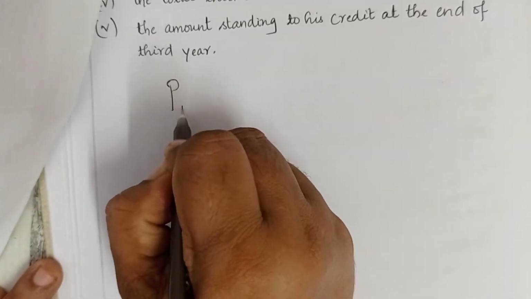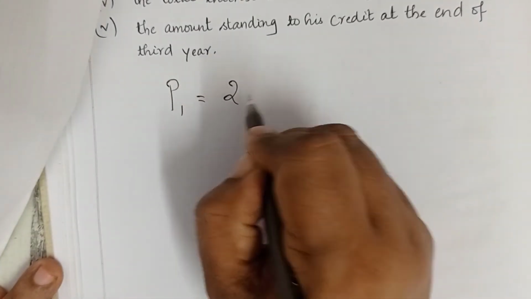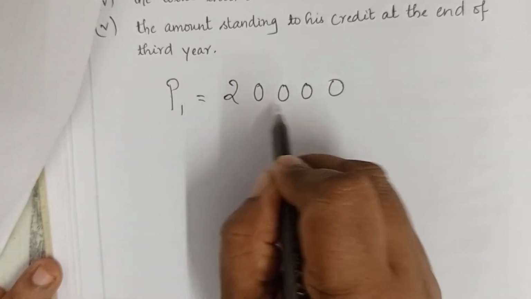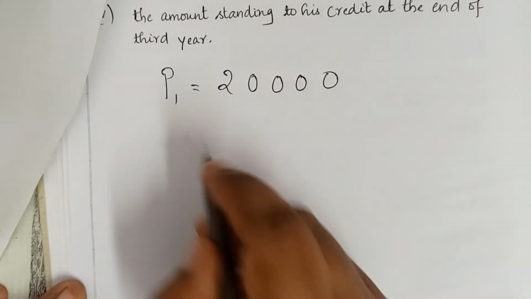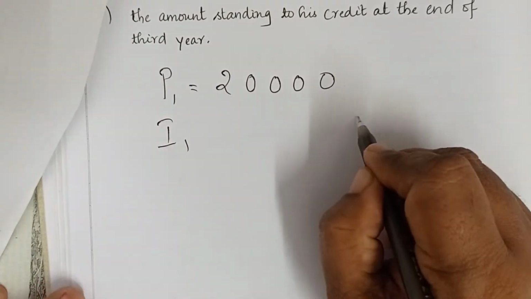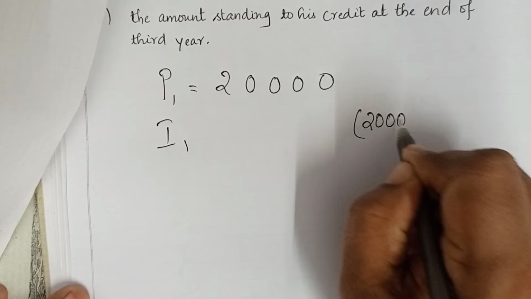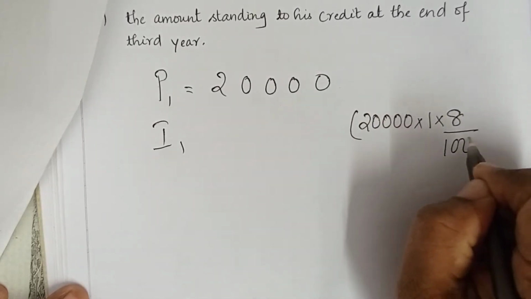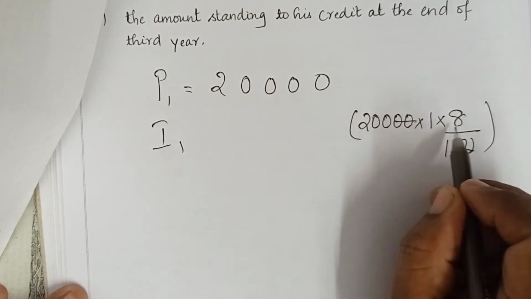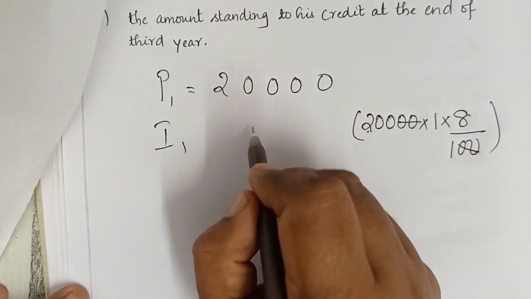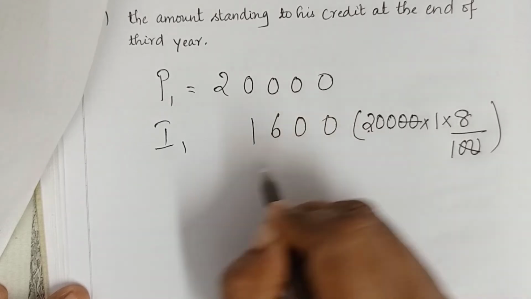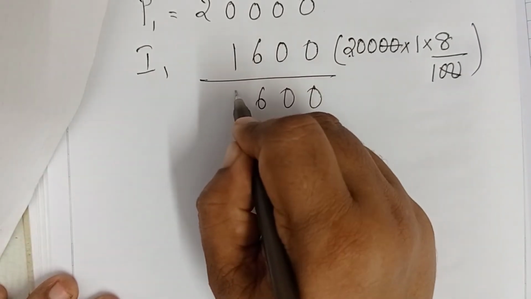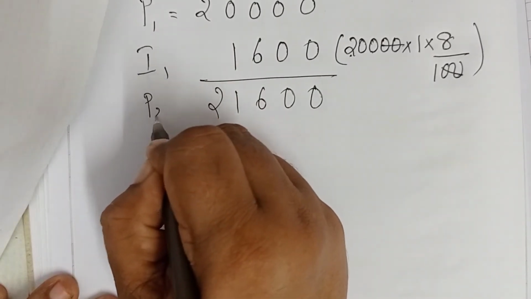All of you write P1 equal to, what is P1? Yes, 20,000. Leave some space in between the digits. Then I1: 20,000 into 1 into, what's the rate here? Yes, 8 by 100. Say the answer. 8 2s are 1600. Okay, then 21,600. This is P2.